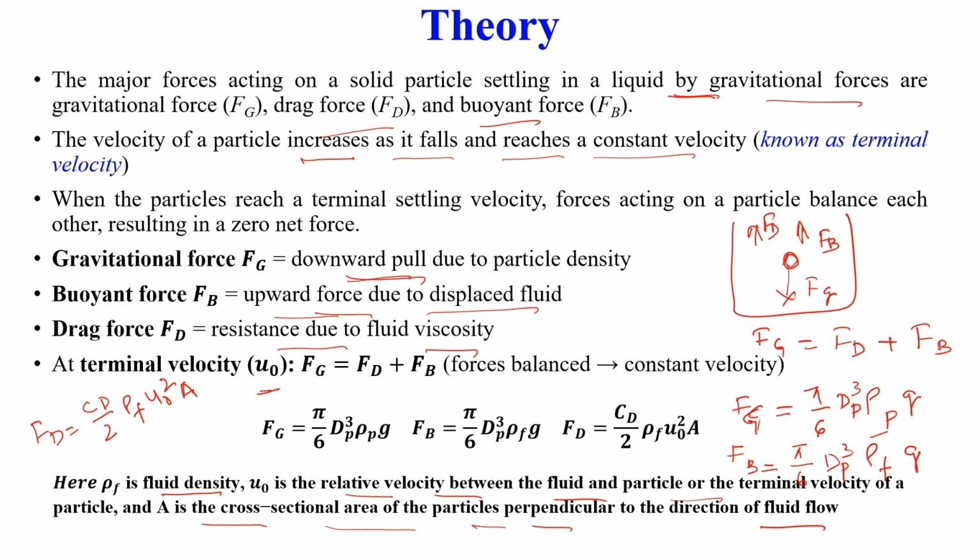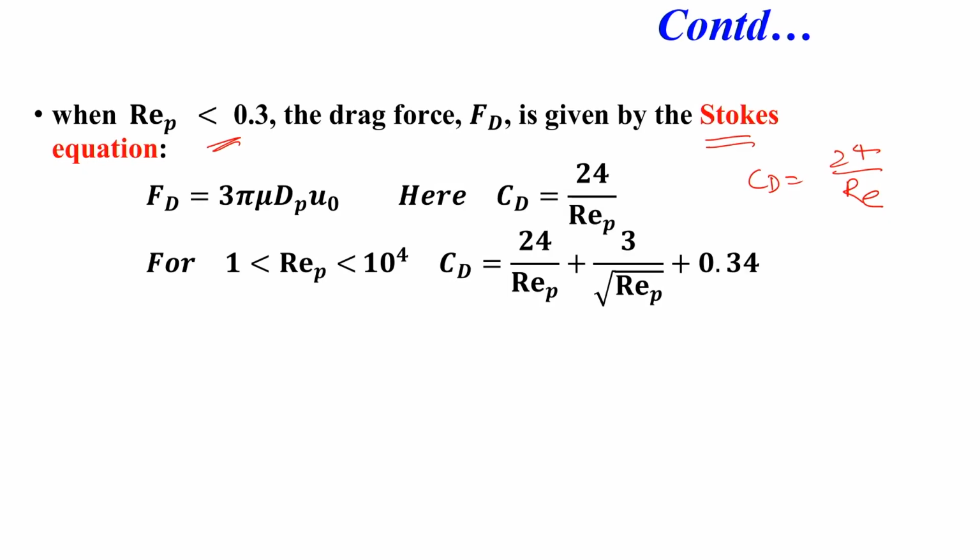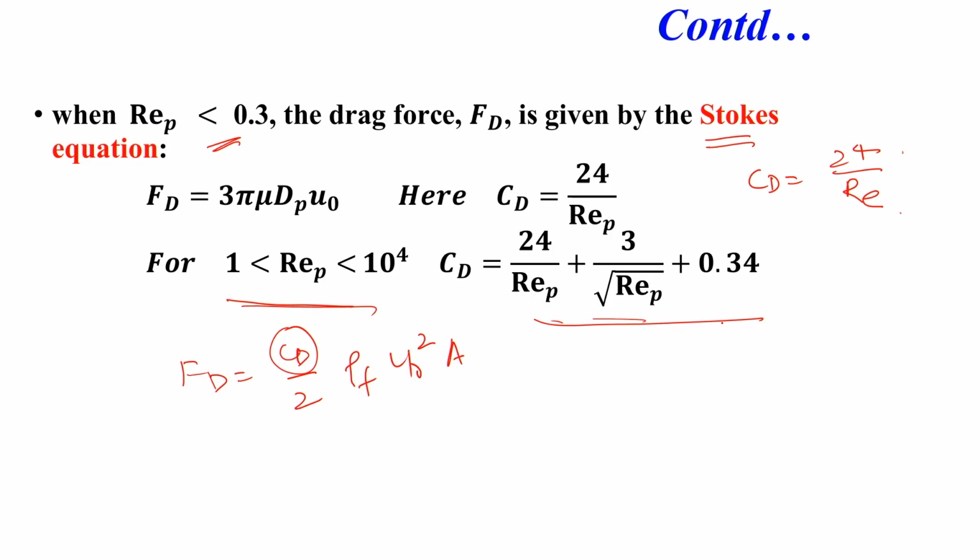Now, F D was C D upon 2 rho f u naught square A. So, here you can put C D as 24 upon Re, and if the Reynolds number lies in this range, then C D is determined like this.